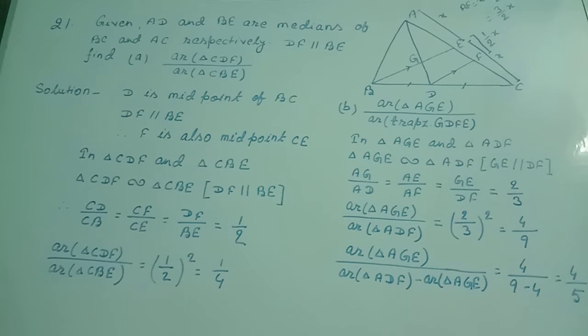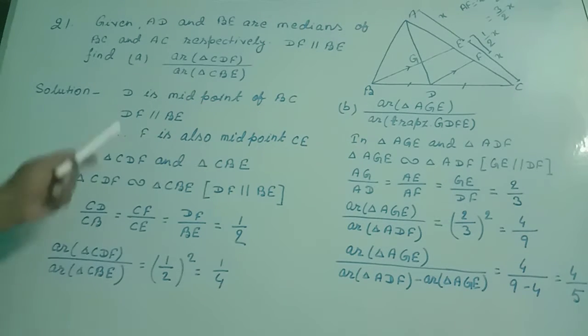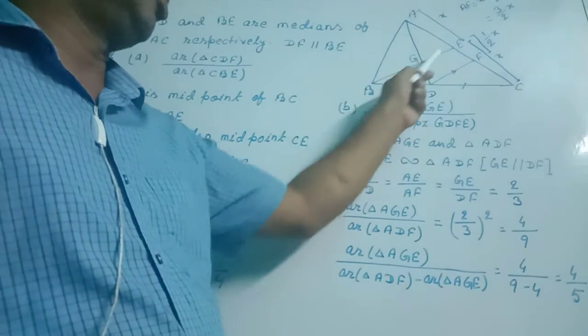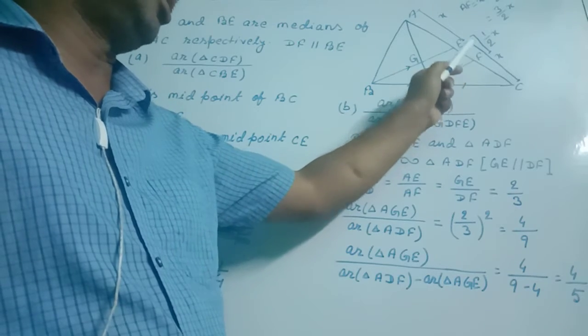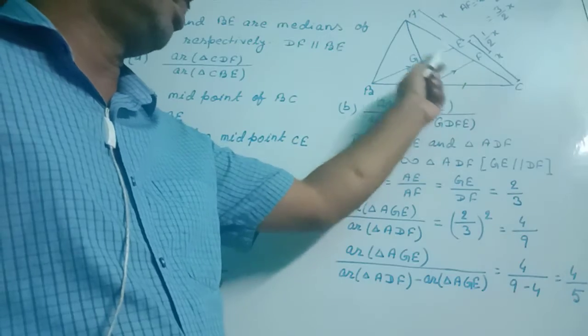In this, D is the midpoint of BC, DF is parallel to BE, so this will also be midpoint from midpoint theorem. F is the midpoint of CE.